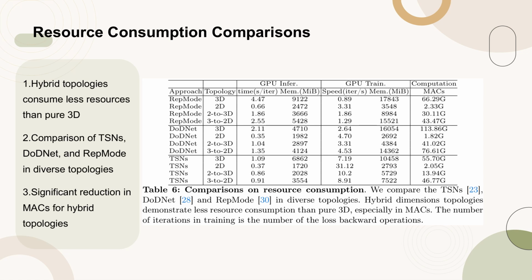The table also highlights the number of iterations in training, which corresponds to the number of loss backward operations, providing insight into the training process efficiency. This comparison underscores the potential of hybrid approaches to optimize resource usage and network design, potentially paving the way for more efficient and scalable solutions in the field.